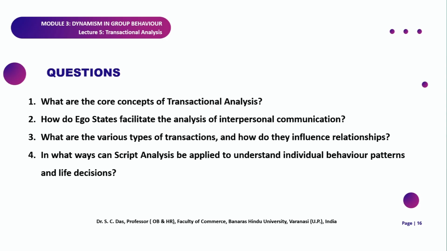How do ego states facilitate the analysis of interpersonal communication? Ego states: suppose you have the parent ego, would you like to be a strong communicator? Always you just advise people and you are not listening to others, and you behave as if you have a child ego.